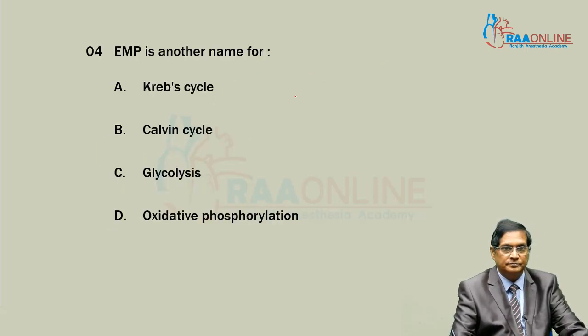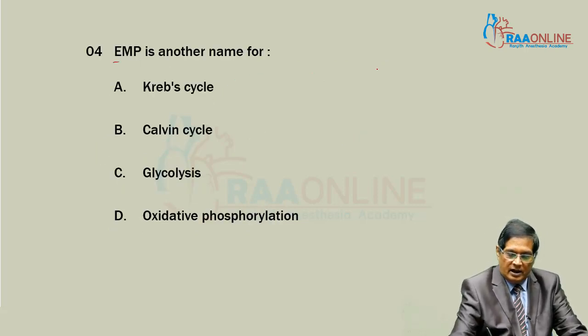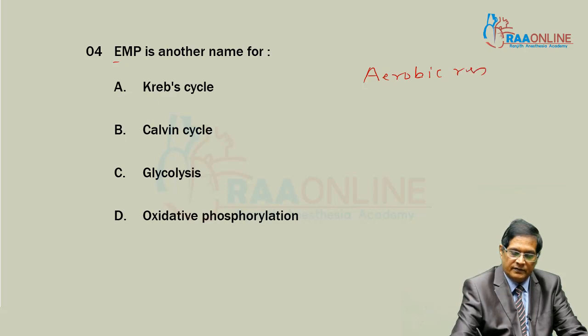Question number 4. The mechanism of aerobic respiration. The mechanism of aerobic respiration is accomplished in 3 phases. Part 1 is glycolysis.